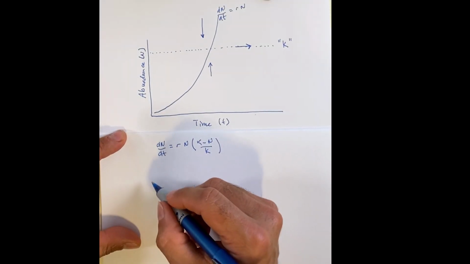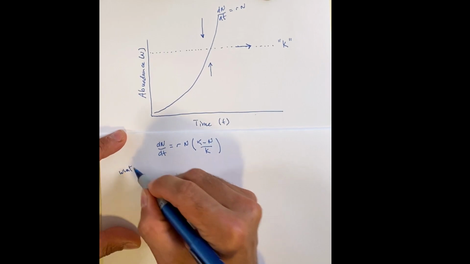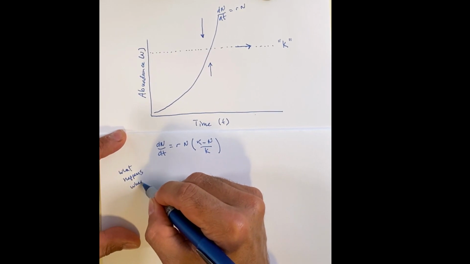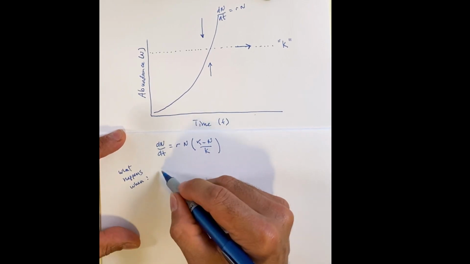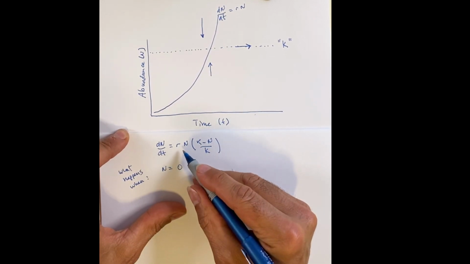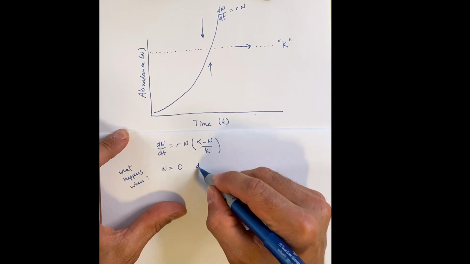So one way to explore the behavior of these models is to ask yourself what happens when the population has certain sizes, certain characteristics. So here's our logistic growth model again, which has that extra (K minus N) term. And one question to ask is what happens when the population is 0, when there are no individuals there?